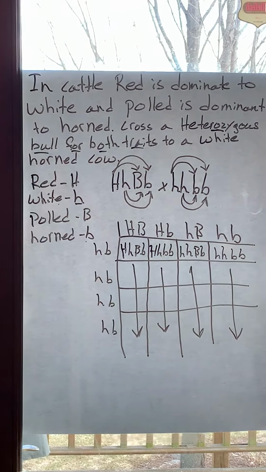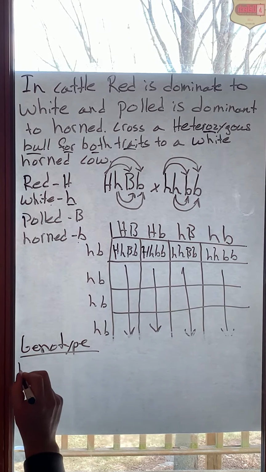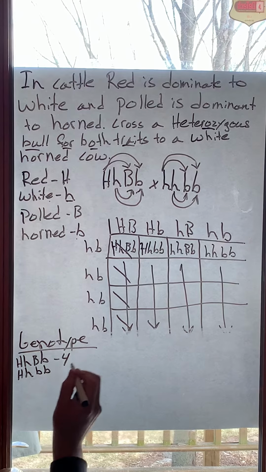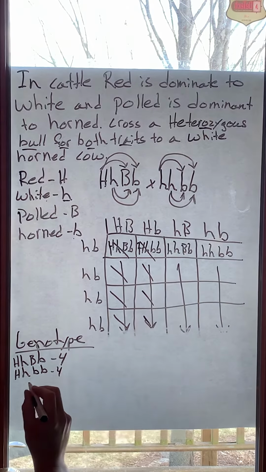So our genotype, we're just going to list our traits. So we have our big H, little h, big B, little b, and I know there's 1, 2, 3, 4 of those. Our next one, big H, little h, little b, little b, there's 1, 2, 3, 4 of those. And so on.